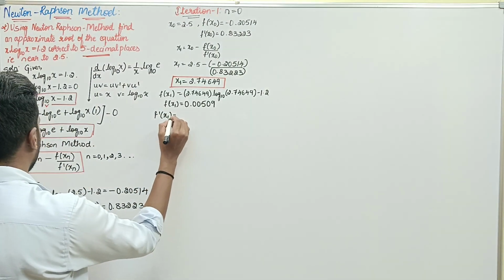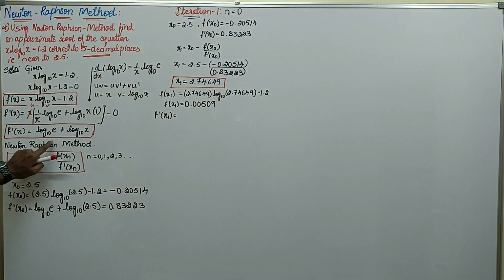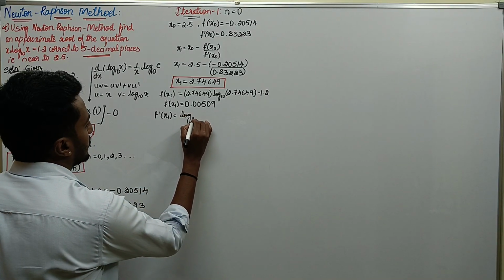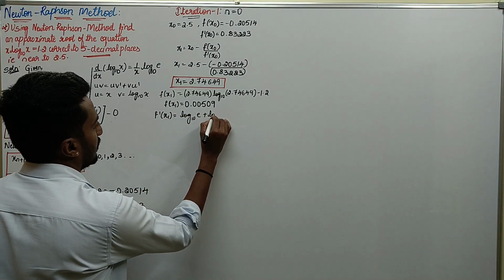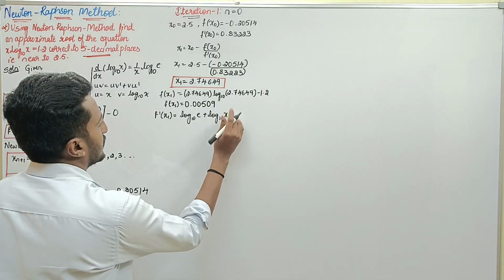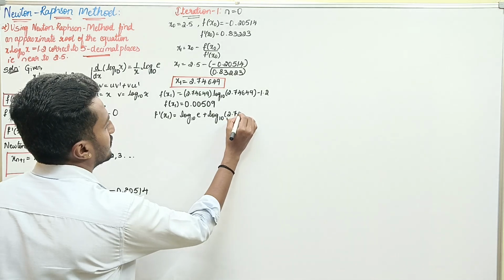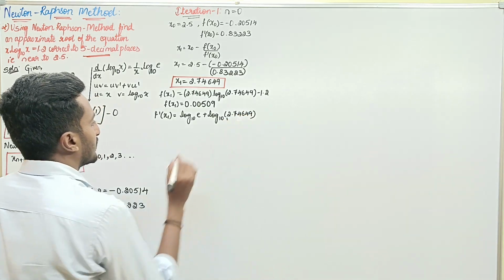Now let us represent f dash of x1. What is our f dash of x1? I have represented it as log base 10 e plus log base 10 x. In place of x, just substitute x1, that is 2.74649. Got the point?